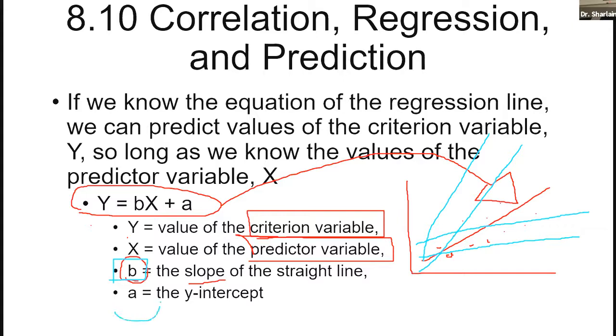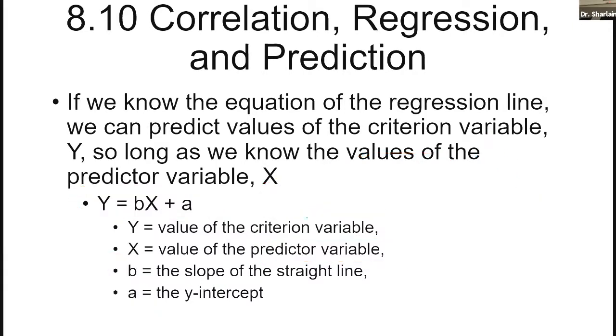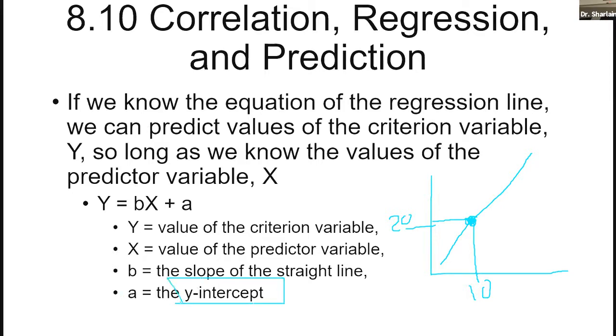And A is going to be that intercept. So for instance, if I have one factor here and I have my other factor here, this intercept, the intercept, that is what we are referring to as the y-intercept. Think about it as a coordinate in a map, if you will.